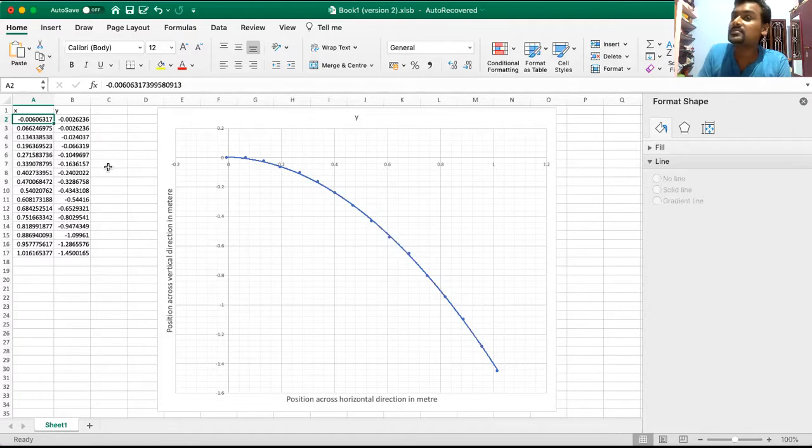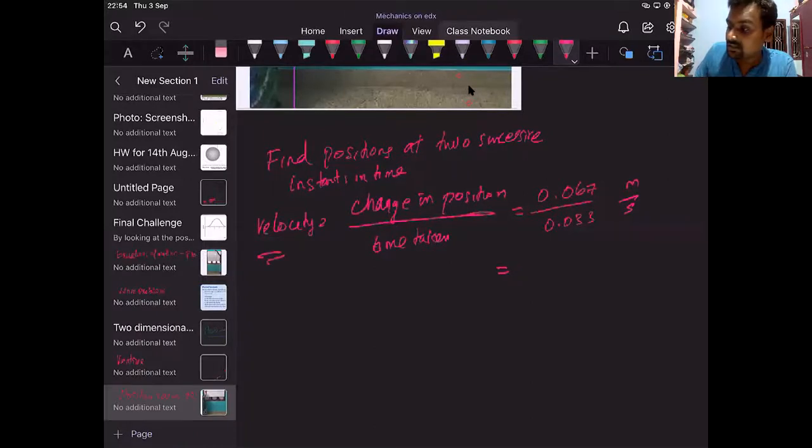In the y-axis, the object is actually accelerating, which means if I go by the method of using change in position by time taken, I will actually get average velocity. I'll not be getting instantaneous velocity.